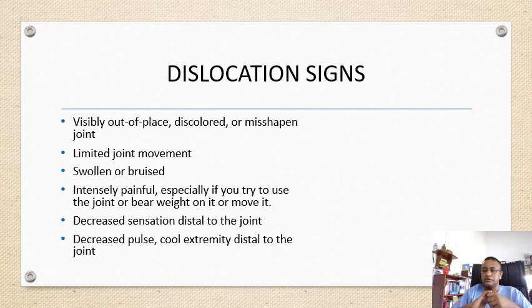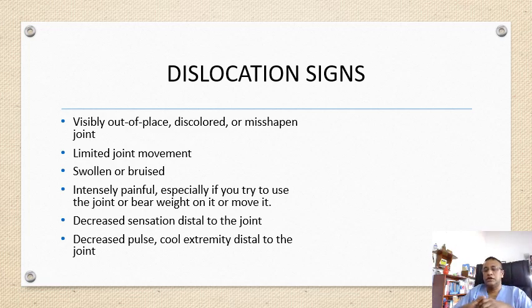Once you ask the patient to move the joint, either he can't move it completely or only some limited movement is there. You can see swelling around the joint or bruises, and if you ask the patient to move or weight bear on that joint, the patient will experience severe pain, and there might be decreased sensation distal to the joint.